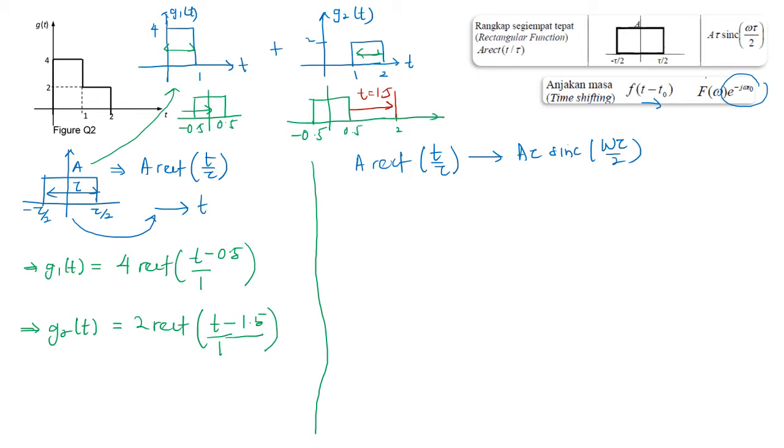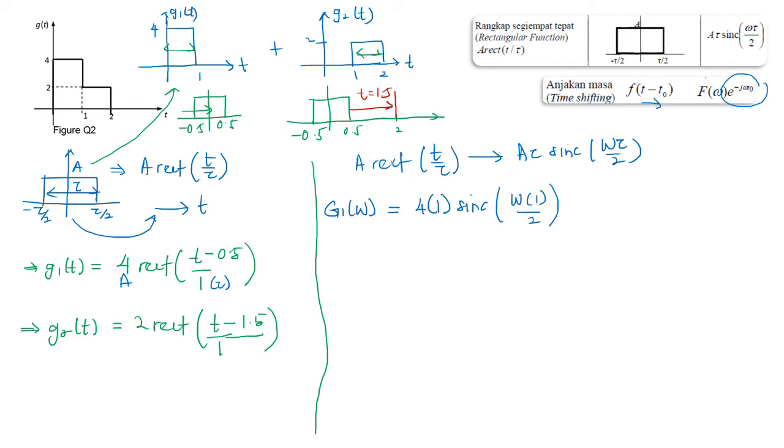For G1(omega), your A is 4 and the tau is 1, so A tau sinc(omega tau over 2).